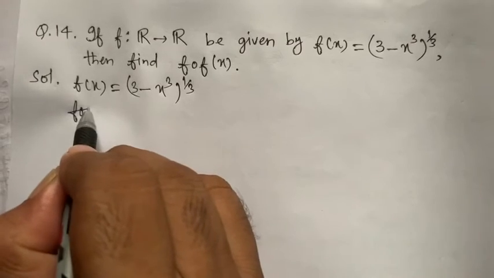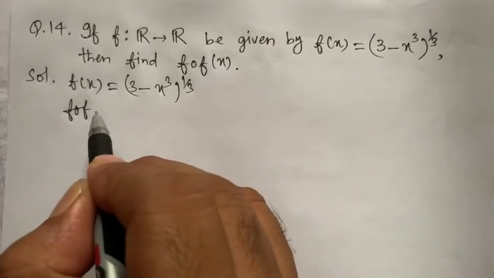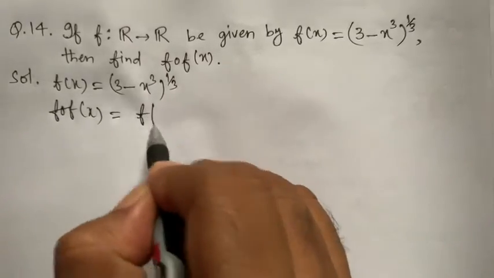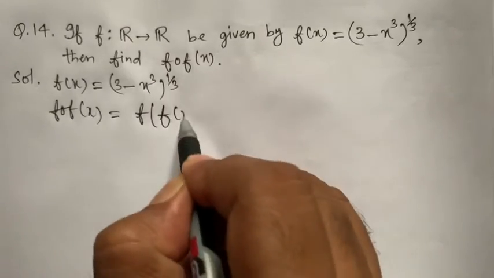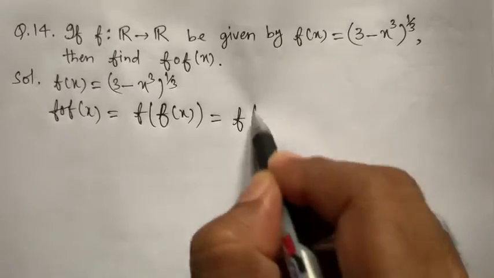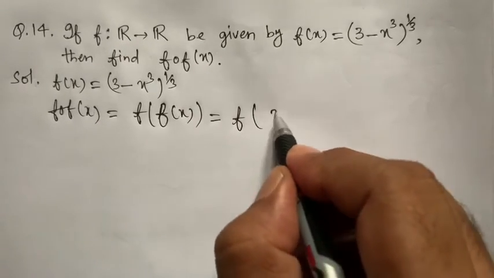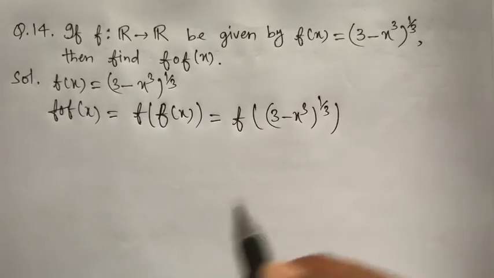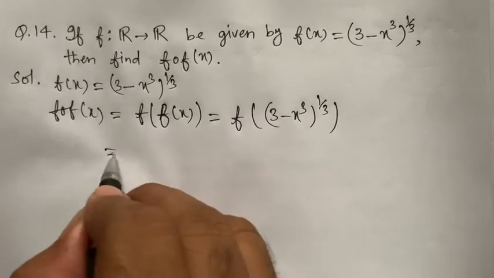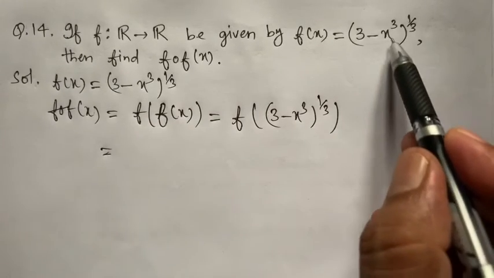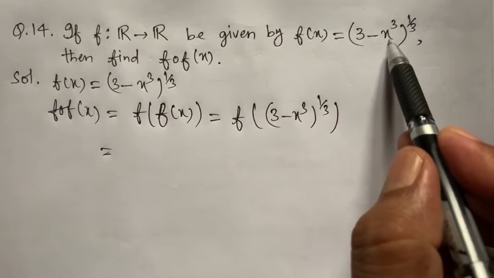Now to get FOF of x, we will evaluate it like this one. FOF of x, fx is 3 minus x cube power 1 by 3, and now we will replace this whole thing in place of this.